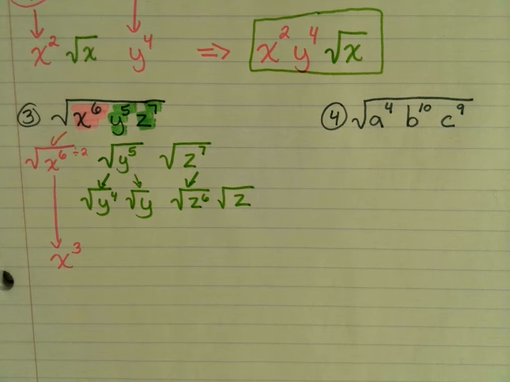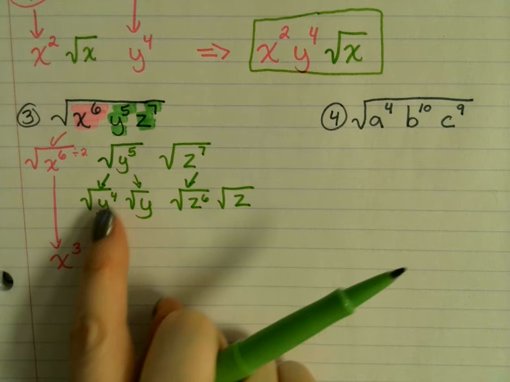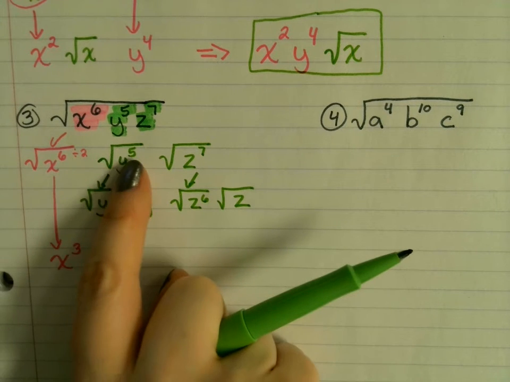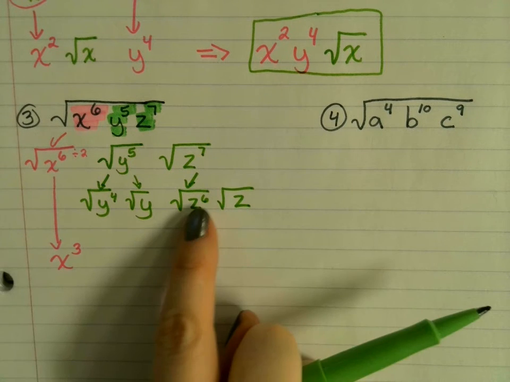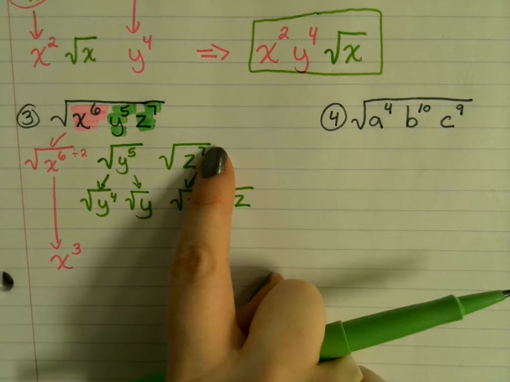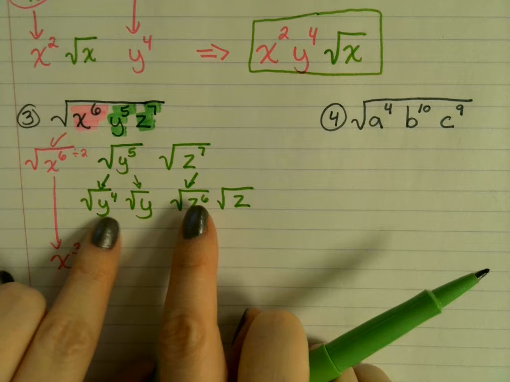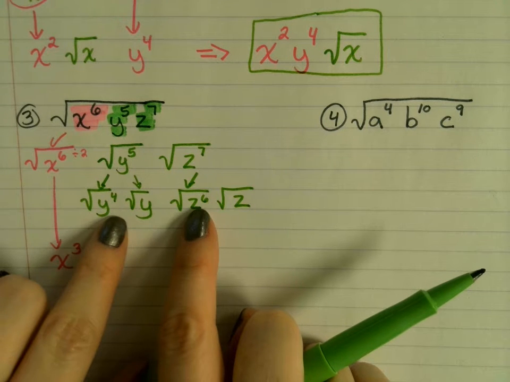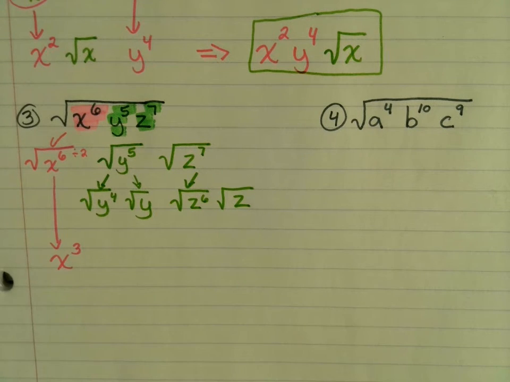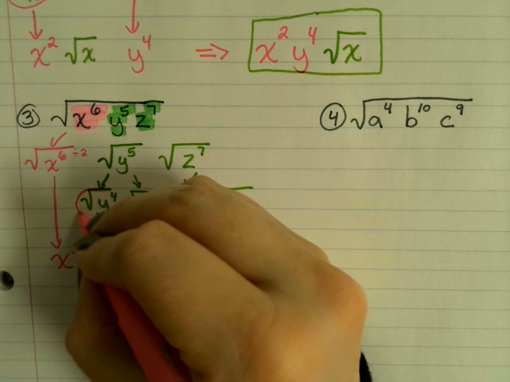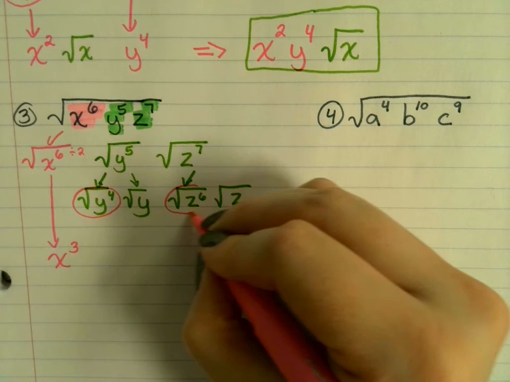So again, y to the 4th and a y is the same thing as y to the 5th. Z to the 6th and a z is the same thing as z to the 7th. We're just separating them so that we now have created two perfect square values. So the square root of y to the 4th and the square root of z to the 6th are perfect squares.